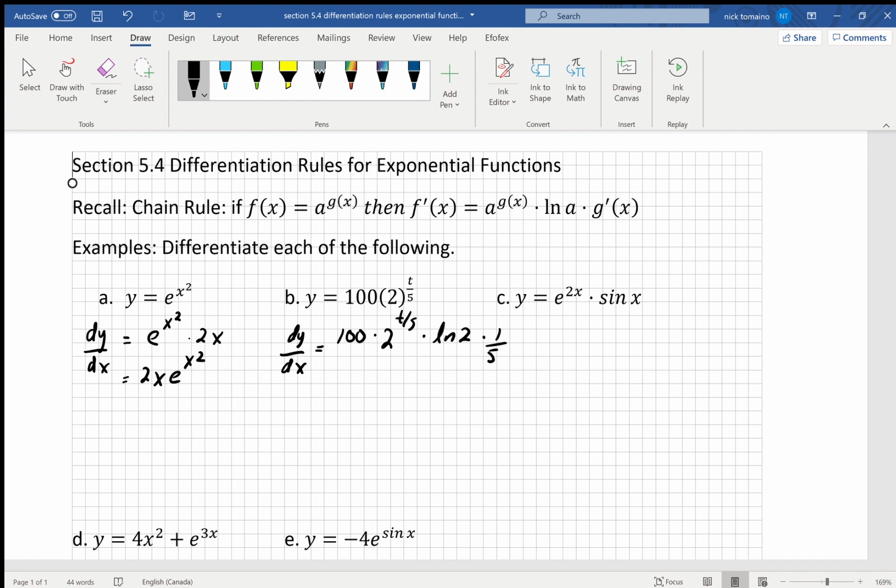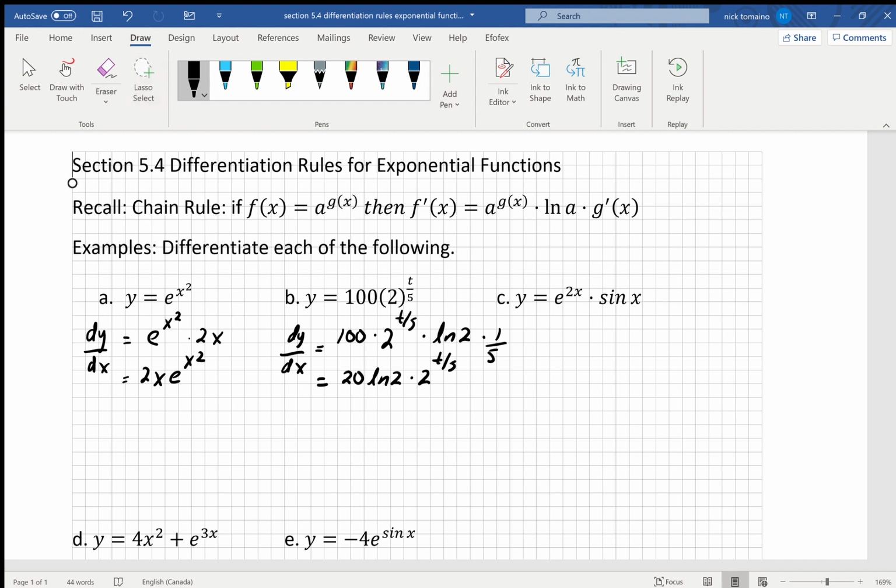Now in exact form here, we're going to bring the 1 over 5 out front. So we have 100 times 1 over 5, which is 20, and then put the ln 2 times 2 to the t over 5.